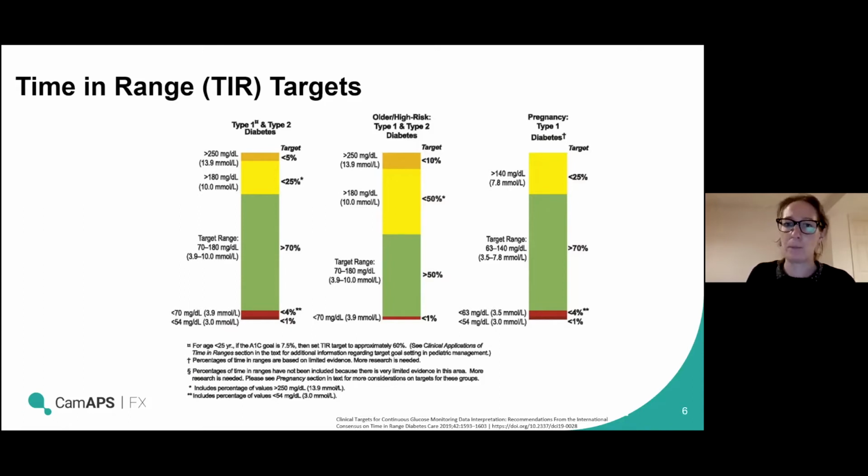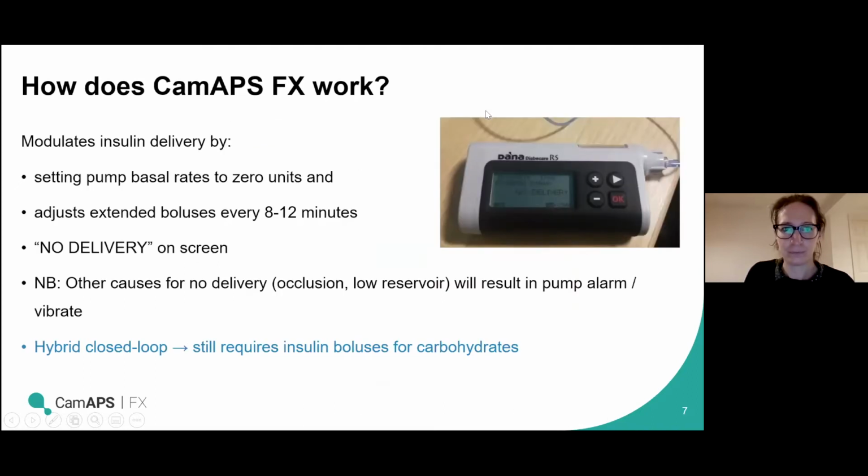And for those who might be at greater risk of adverse consequences of hypoglycaemia, so potentially those who are older or more frail or with other medical issues, we would be thinking of less time in the target range with more time slightly above to try and minimise the time in hypoglycaemia. So this is for the more at-risk population.